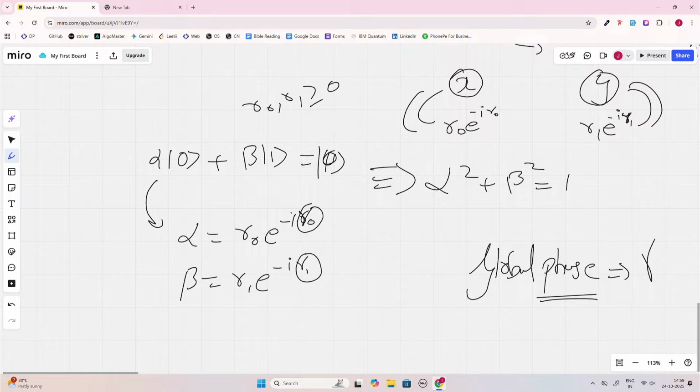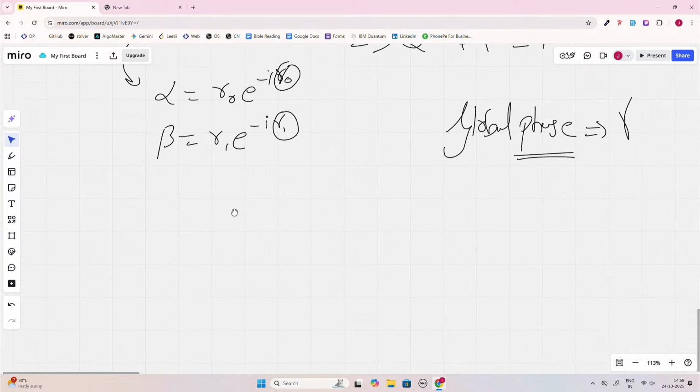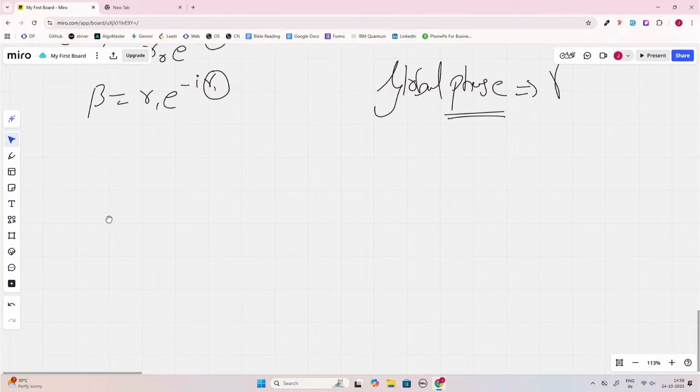And what is global phase? It doesn't do anything. It doesn't have any work itself. It simply exists just like that. Why am I saying this? Very simple. For example, let us consider I'm taking a random value called a, and let us consider this a is in a polar coordinate, meaning it's in a spherical system.